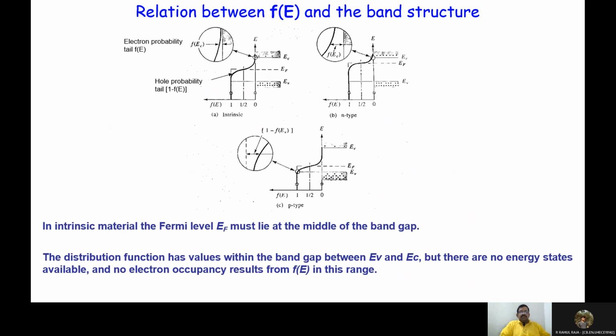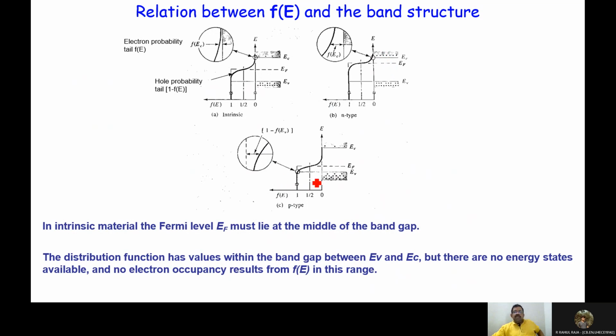It's very simple. Look at these three diagrams here. Where does the Fermi level lie? When you have an N-type semiconductor, you are bringing in a donor level, so more electrons will be there and the probability of finding an electron in the conduction band will be more. Obviously, EF should be closer to the conduction band.